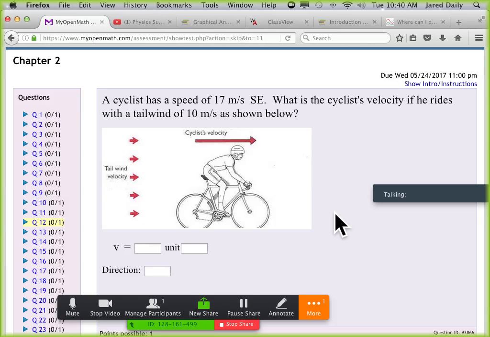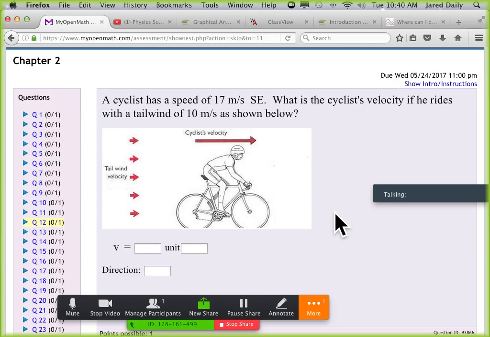So this velocity would be 11 meters per second, in the direction it's already traveling, since they're both traveling in the same direction. Now that's not exactly true in real life. I don't like this question as much as the river question, because in a river carrying a boat, that's much more the case, because the friction between the water and the boat is much higher than it is between air and cyclist. But we're going to assume that this is the case.